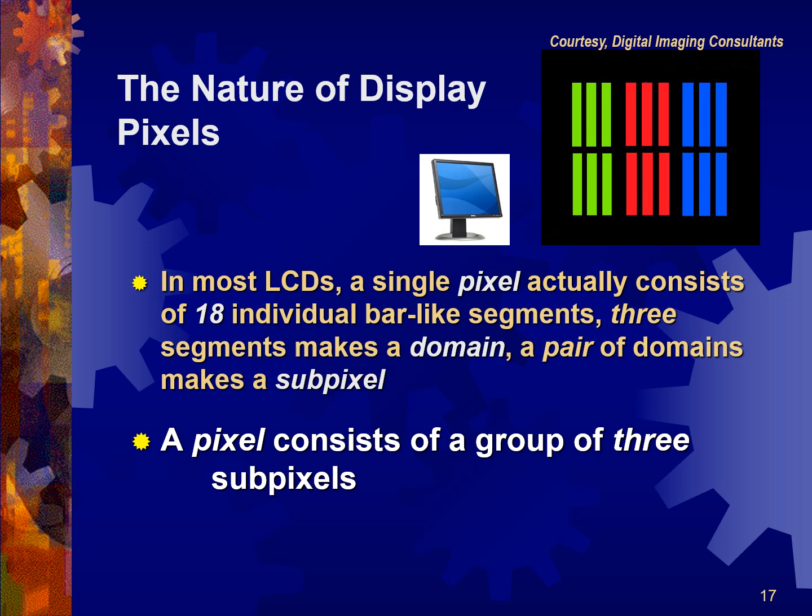So the green subpixel is 6 segments, or 6 cells. The red subpixel is 6 cells. The blue subpixel is 6 cells. Now, we make this infinitely small, and you are not an eagle, so you can't actually see the pixels. They're so small that they all blend together into a cohesive image.